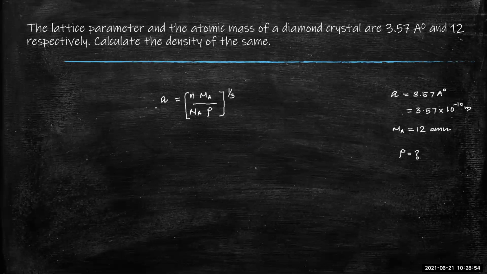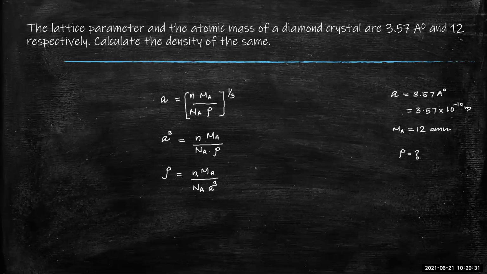When taking the cube of both sides, we get A cube is equal to N Ma divided by Na into rho, from which we can obtain the expression for rho is equal to n into Ma divided by Na into A cube.